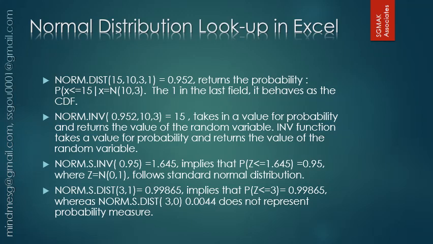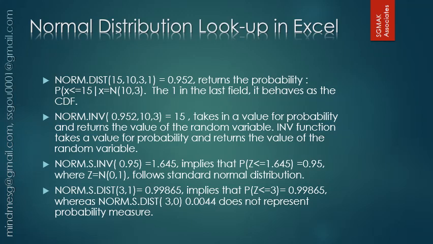So norm.distribution can be used extensively to find the probability of an event. Norm.inverse 0.952, 10, 3. The norm.inverse function takes the value of a probability and returns the corresponding value of the random variable.